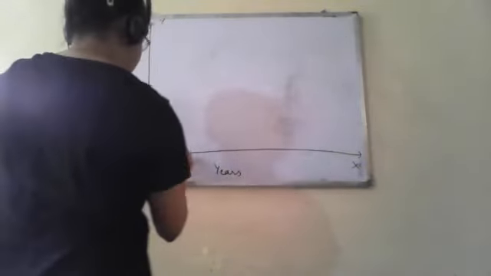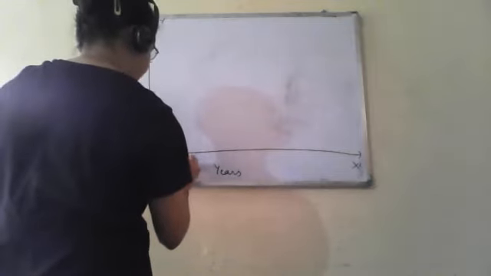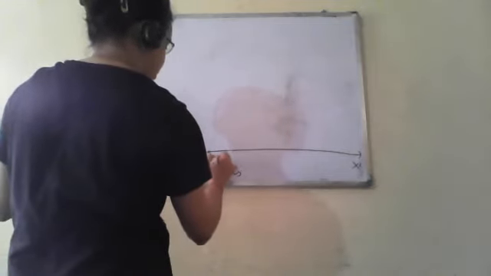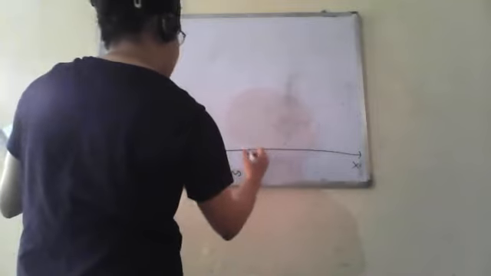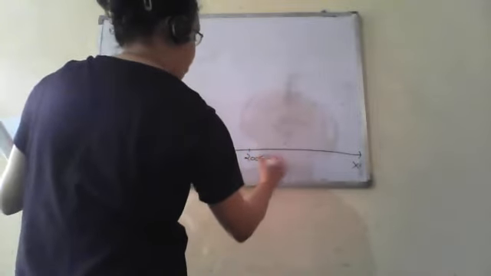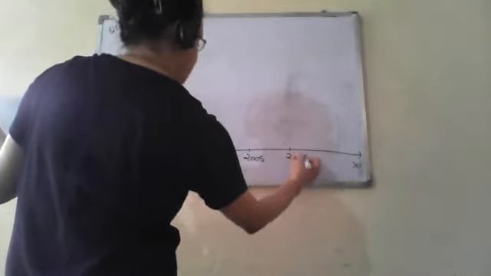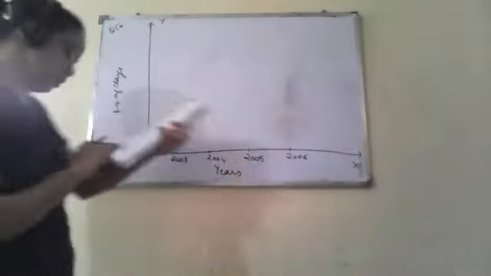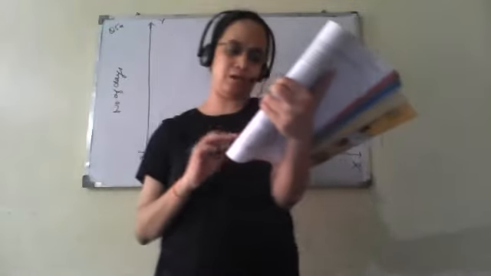Years are 2003, this is 2004, this is 2005 and 2006. So for number of days, the values mentioned here are 8, 10, 5, 12.